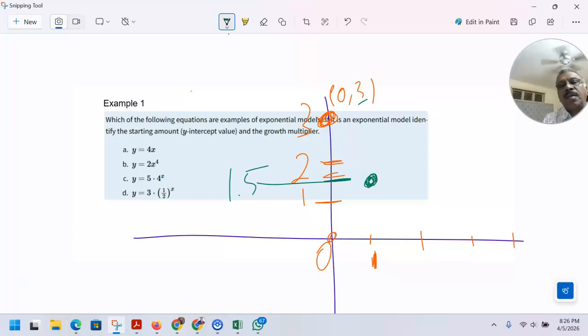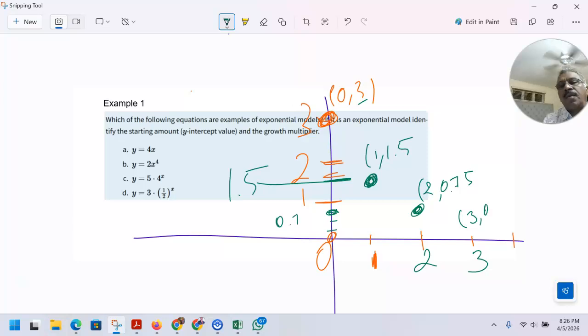Then half of 1.5 is 0.75. So when it is 2, it becomes here. So 1 is 1.5, 2 is 0.75. If you want to know another one, 3 here, and half of 0.75 is 0.375. Like this, that's how you have a point.